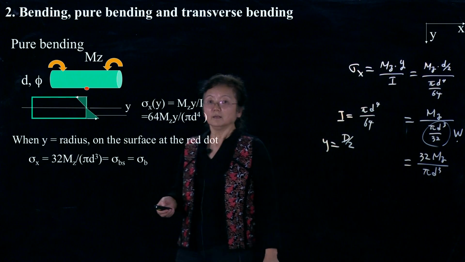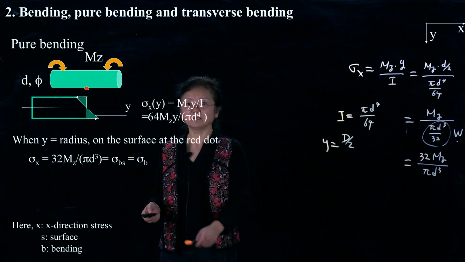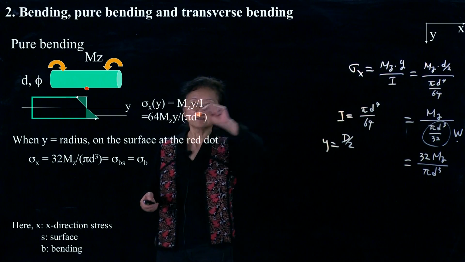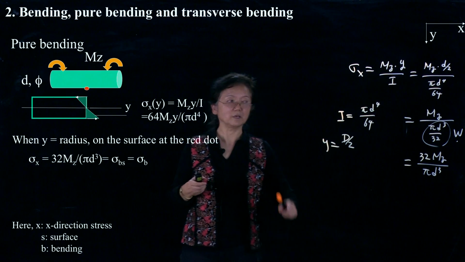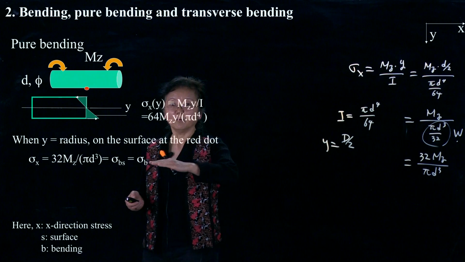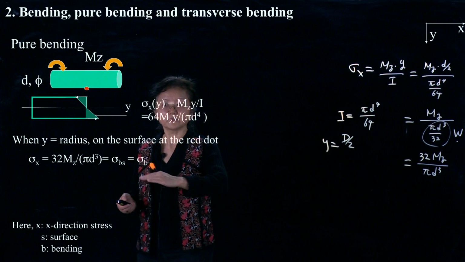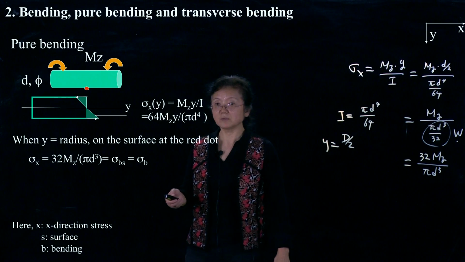We can also do a little bit of discussion about the signs. x is the x-axis, which is the direction of the stress in this case. And S here can name the surface, and B the bending stress. So we can name this stress.